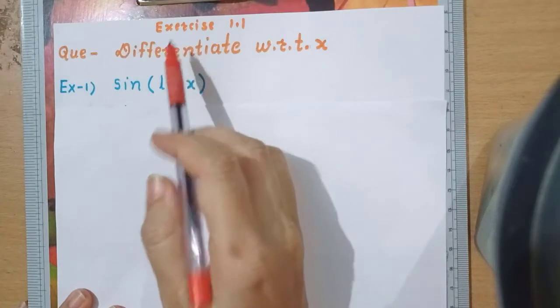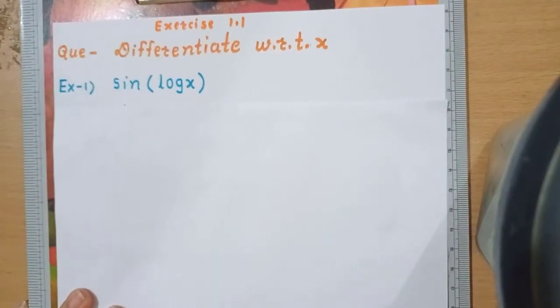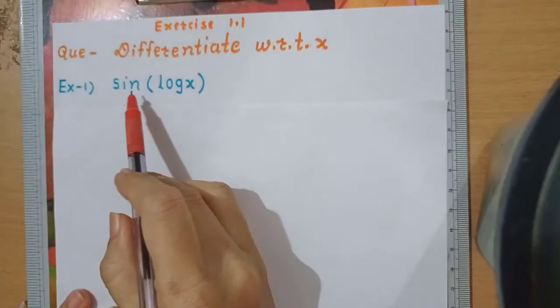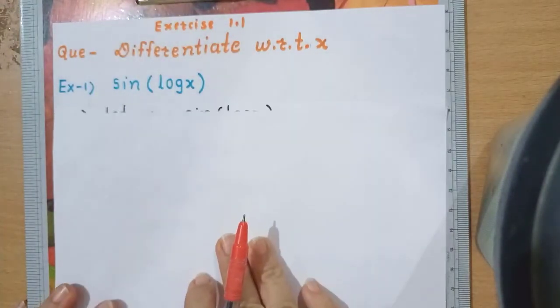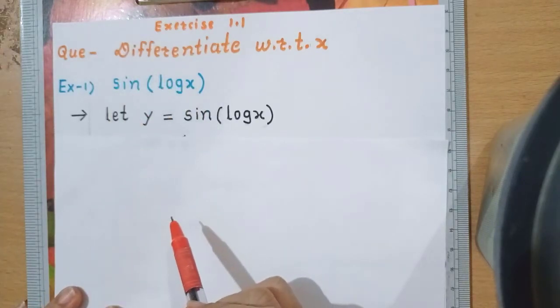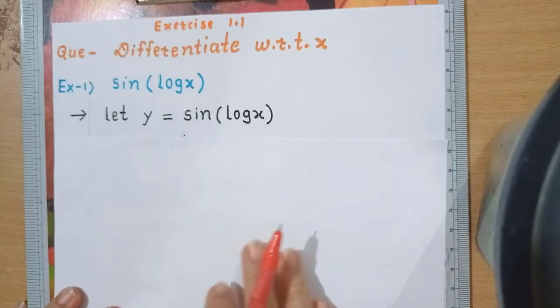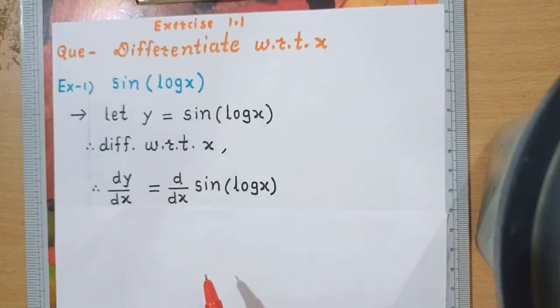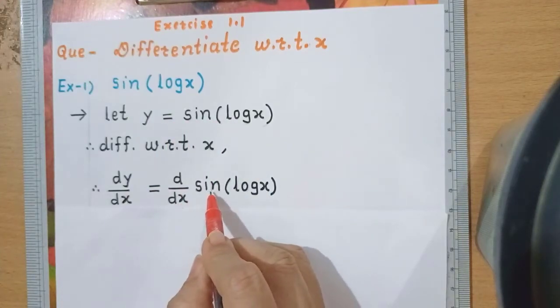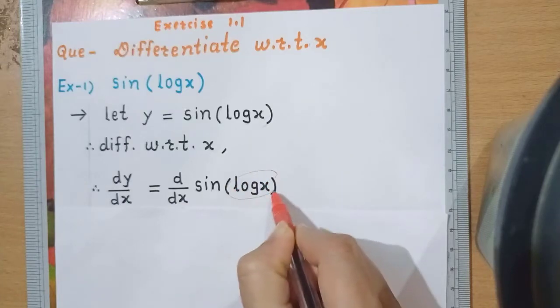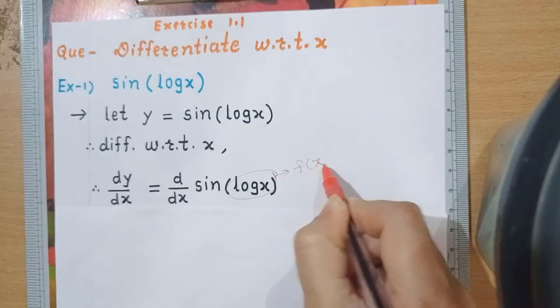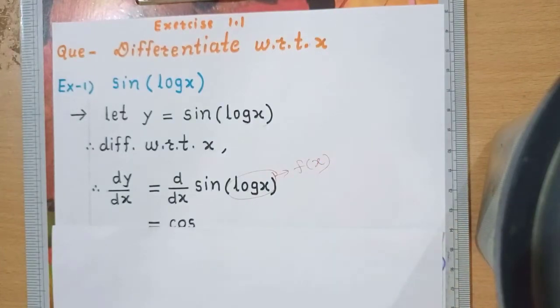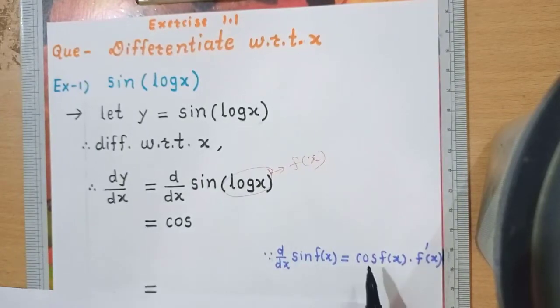Now let's solve examples from exercise 1.1, and our first example is this. Our first step is, let y be equal to the given function, and now we will differentiate with respect to x. So the derivative of the left hand side equals the derivative of the right hand side. Here, sine of log of x, so we will consider log of x as a function of x, f(x), and we will use the sin f(x) formula, which is cos f(x) into f dash of x.